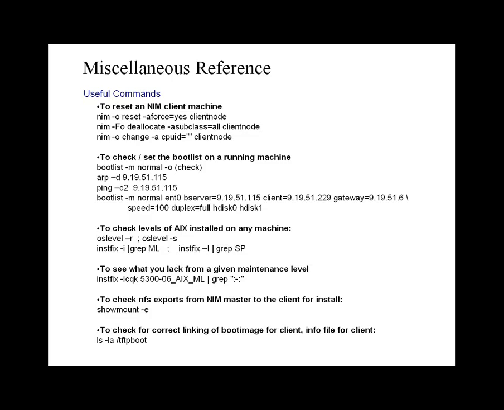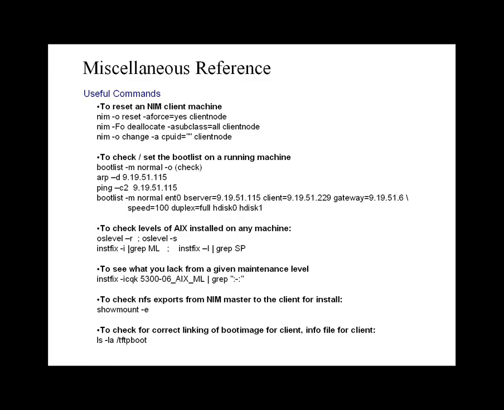If I have a running machine and I want to set the boot list on a running AIX instance to reboot in network install, I can put it right on the command line in AIX. bootlist -m normal ent0, and I can specify in there bserver equals the NIM master, client equals, gateway equals.